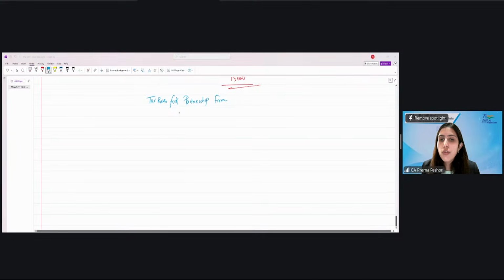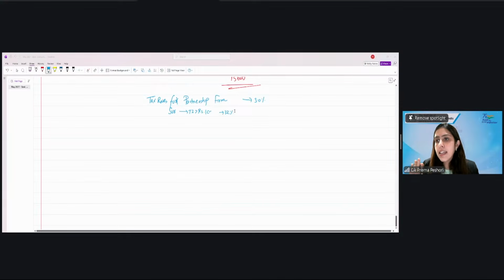Yes or no? So what is the tax rate for the partnership firm? It is straight flat 30%. For the partnership firm, the tax rate is directly 30%. Let us write down. There is also surcharge similarly for the partnership firm. So if the total income of the partnership firm exceeds 1 crore, then it is directly 12%.